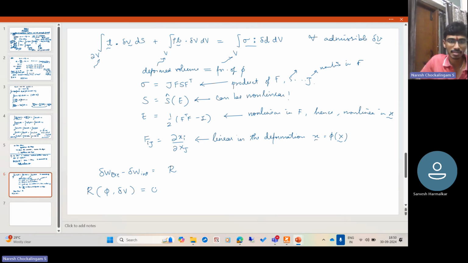This will be 0 for all admissible delta V, if phi is the correct solution, if phi is the actual solution.